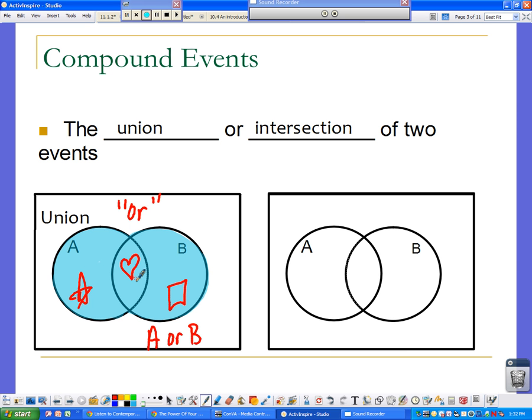It just has to at least be in the 2 circles and be included in at least one of them. Maybe included in both, but it has to be included in at least one.